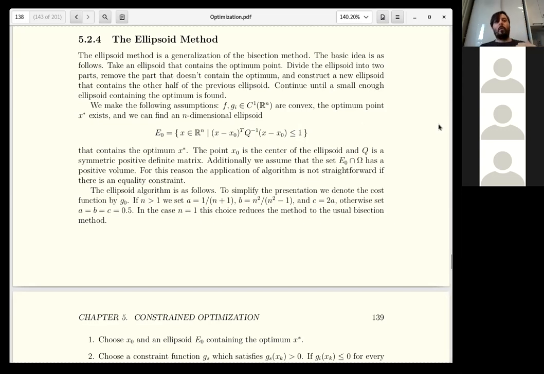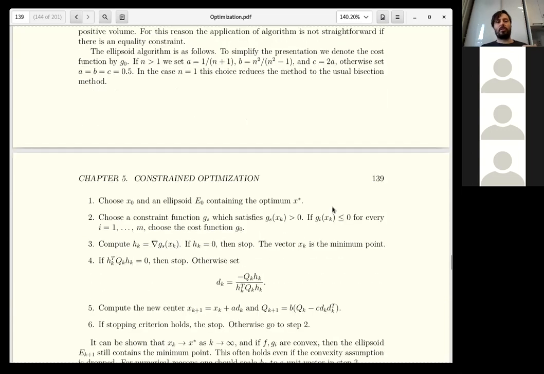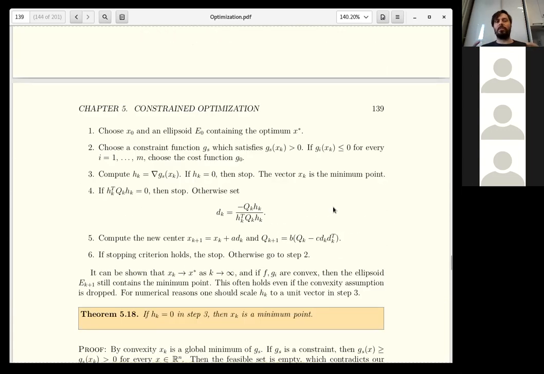So the ellipsoid method in this constraint optimization works in a way that we assume that our optimum point is inside this ellipsoid somewhere. And the algorithm behaves in a way that makes sure that the optimum is contained in the ellipsoid at all times. We make the ellipsoid smaller and smaller based on what we know about the point and the parameters. I'm not going to go into details here.